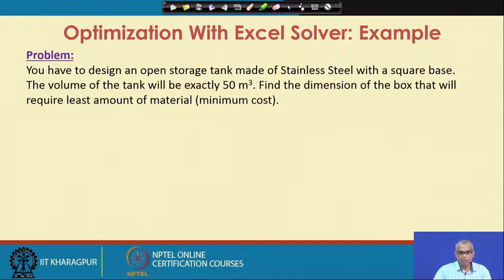The volume of the tank will be exactly 50 meter cube. Find the dimension of the box that will require least amount of material. In other words, we want to find out the dimension of the storage tank that will require least amount of material that will lead to minimum cost.